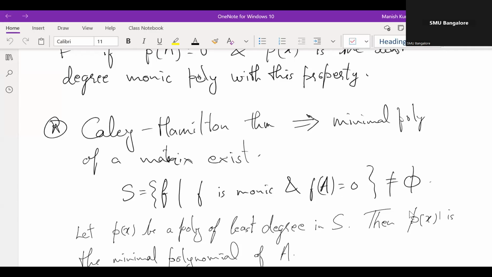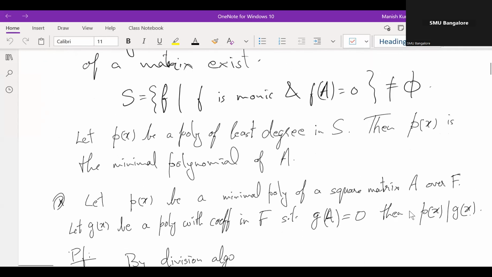Yes, sir. Okay, so we will prove this. If p(x) is the minimal polynomial of a matrix A, then it divides every polynomial g such that g(A) is 0.